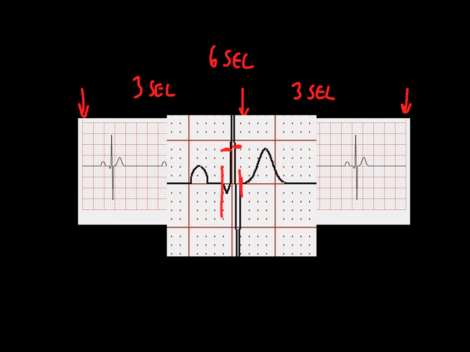So if I come back over here and start writing this down, my QRS is equal to 0.08 seconds, which is 2 small blocks.